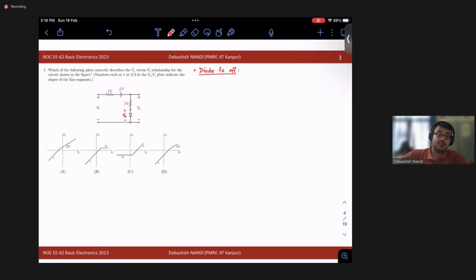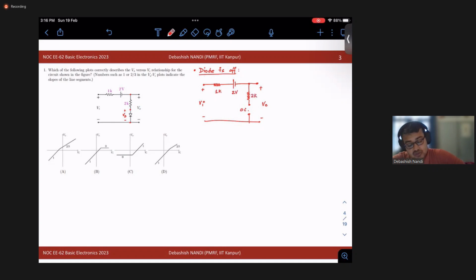How will my equivalent circuit look then? My equivalent circuit will look like this, right? This is your V naught, this is open circuit, this is Vi, this is 1K, this is 2 volt, this is 2K.